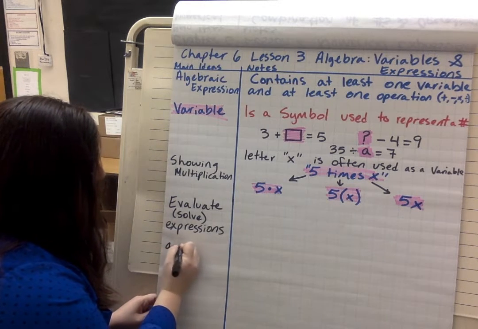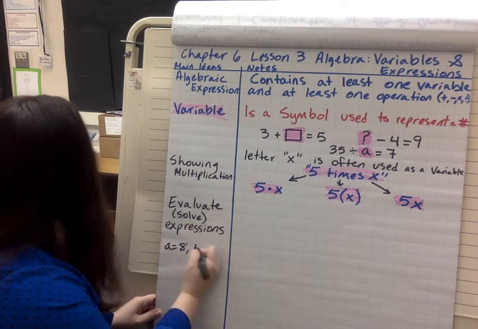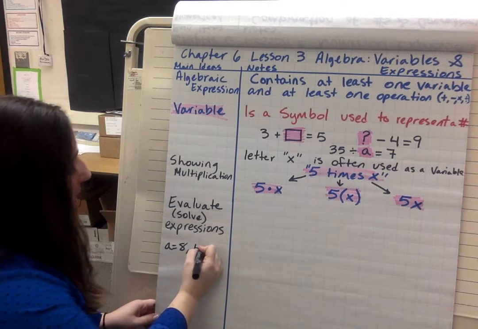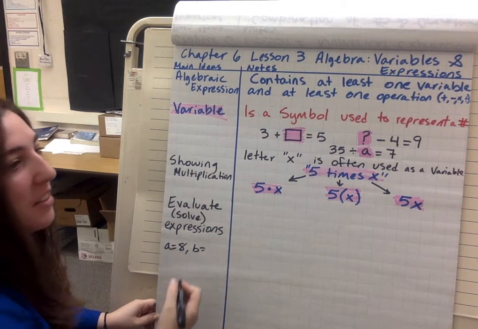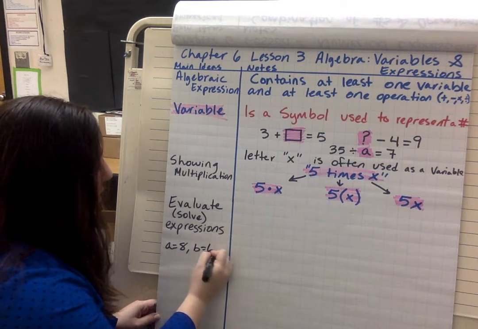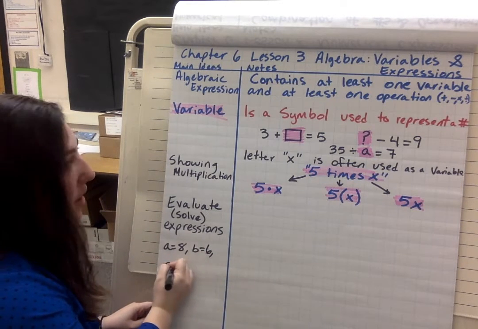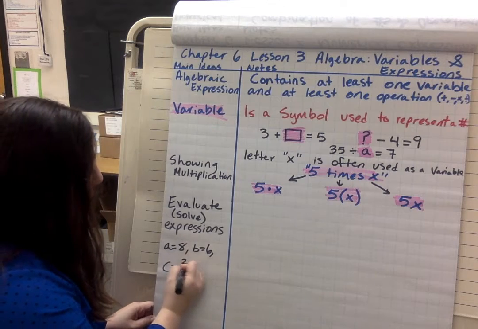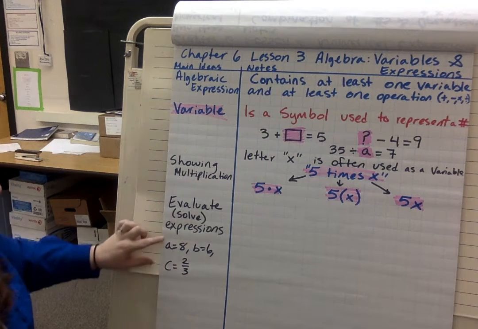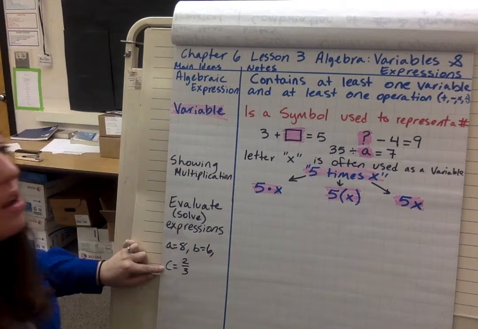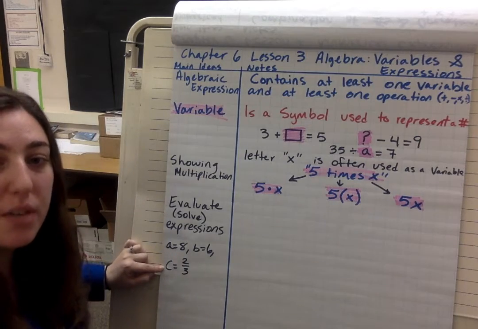So A equals 8, B equals 6, and C equals 2/3. Okay, so I'm going to use this information to solve some expressions.